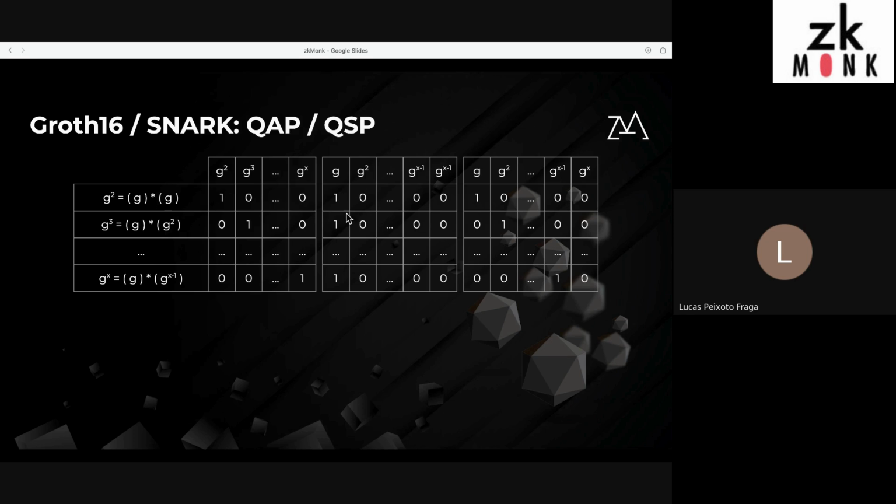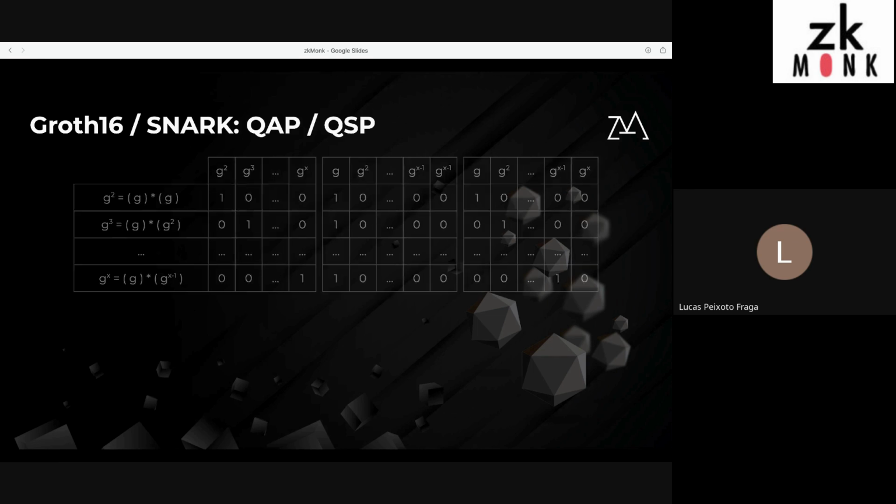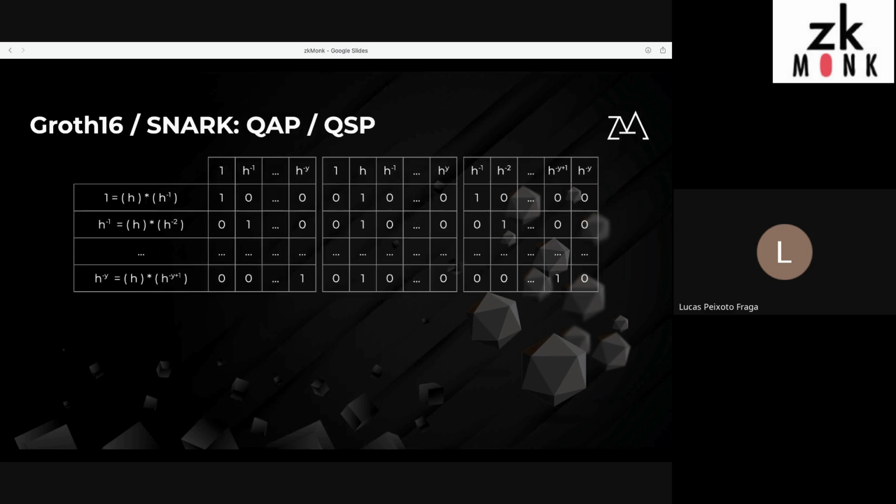Well, let's go to the second row, actually. It's more interesting. 1 times g, 0 times the x, the rest. 1 times g squared, 0 times the rest. Okay, so these encode these constant values, and this encodes this here. We do the same with the powers of h.